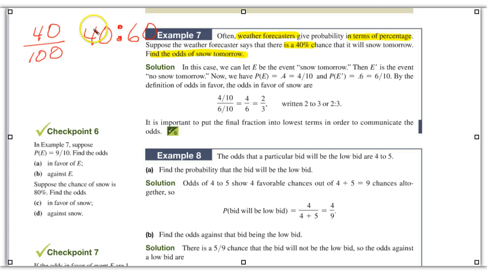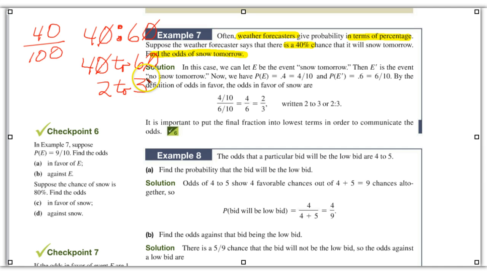So snow to no snow, or 40 to 60. If you simplify that as they are doing here, you can take a 2 out of each one of these, so this would be 2 to 3.